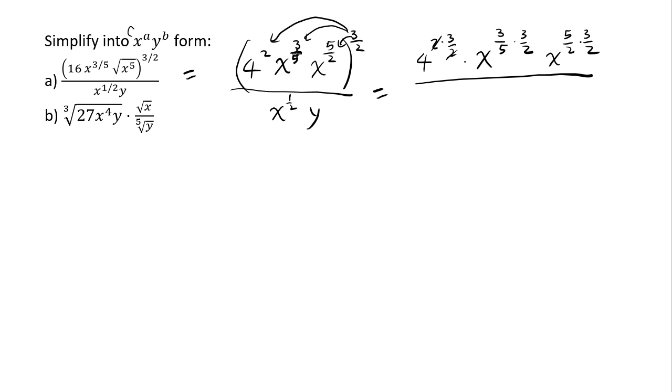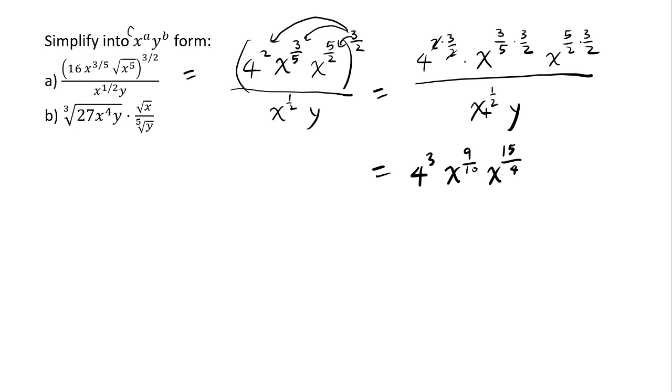Well, we could have added these first and then multiplied the 3 over 2 also. Maybe that was easier, or it might not be that much different. 4 to the 3rd power is what you get. 3 times 3 is 9. 5 times 2 is 10. And x to the 5 times 3 is 15 over 4.